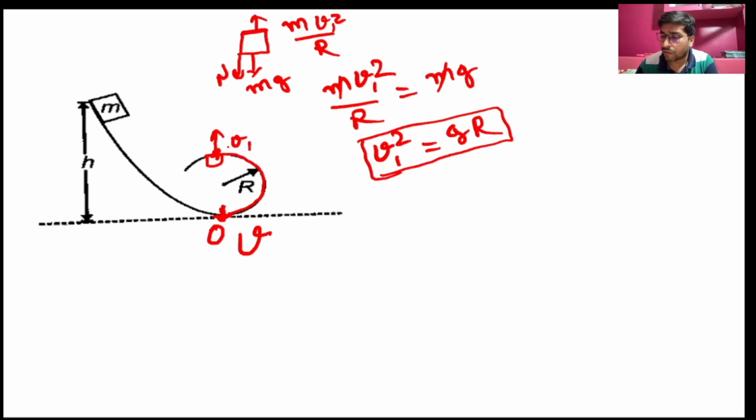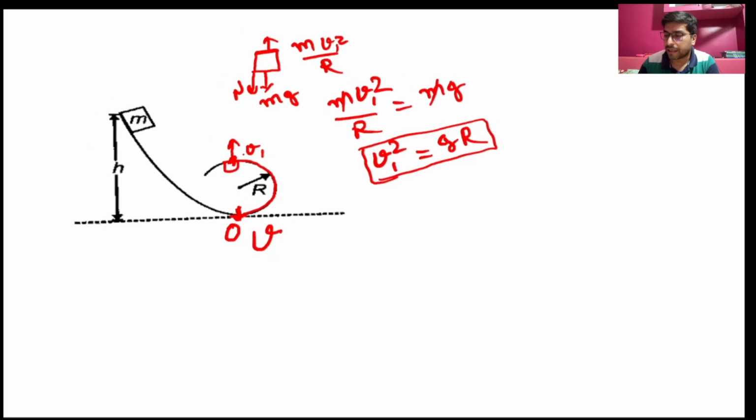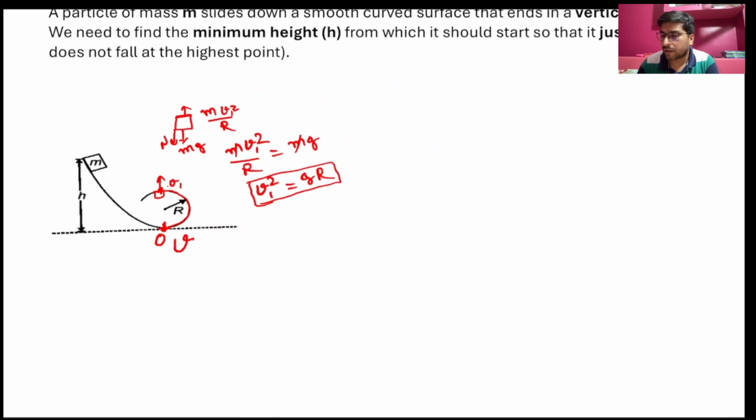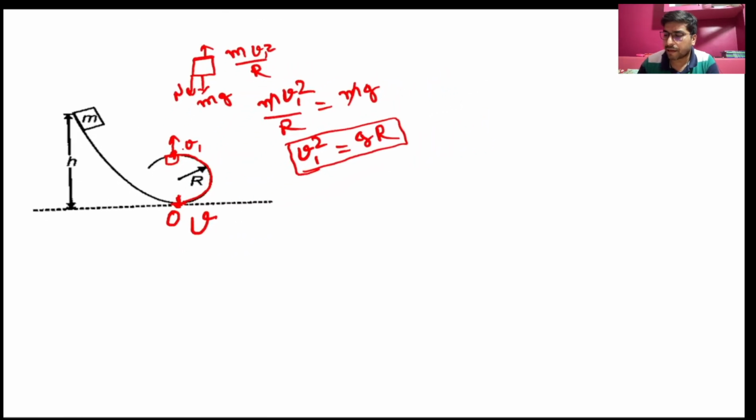Now consider the object moving from point O to the maximum height. For this we can write the energy equation. Kinetic energy at point O, where we consider the velocity to be v, is the total energy, because this is the reference point where we consider the height to be 0.